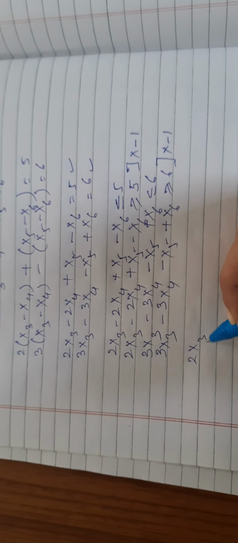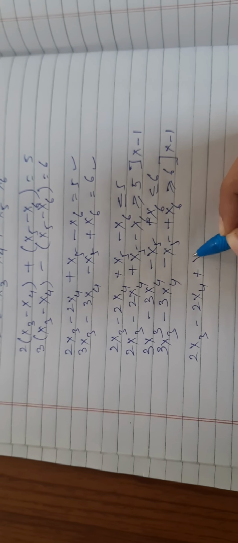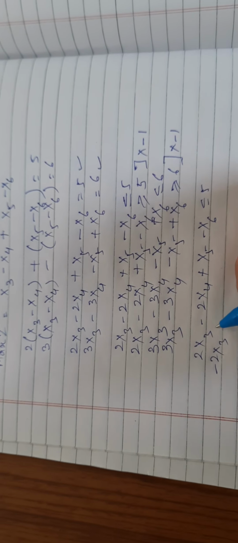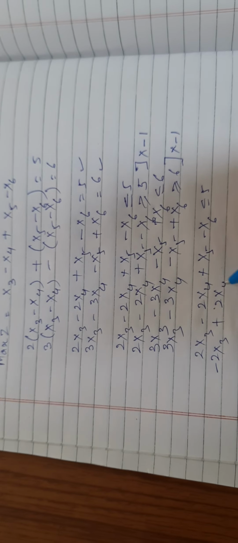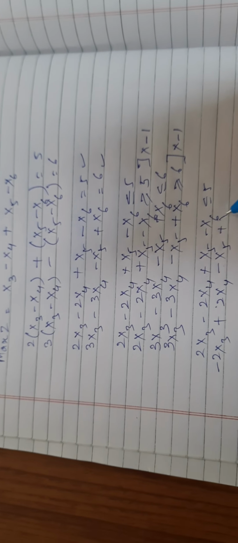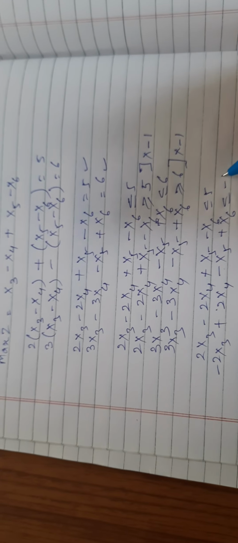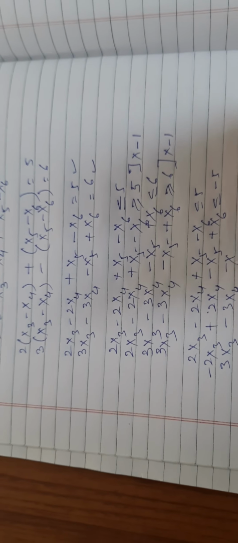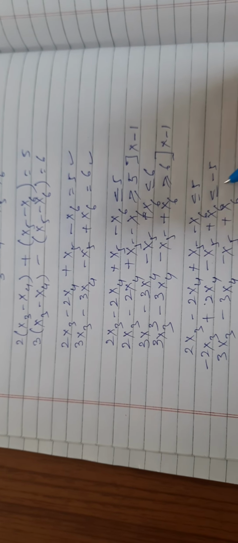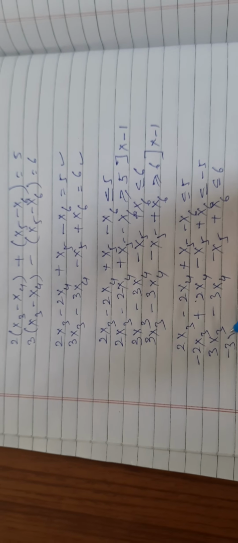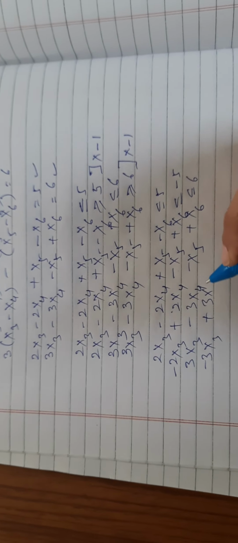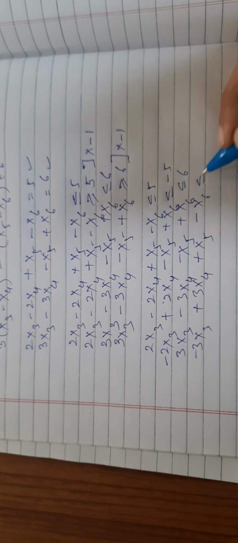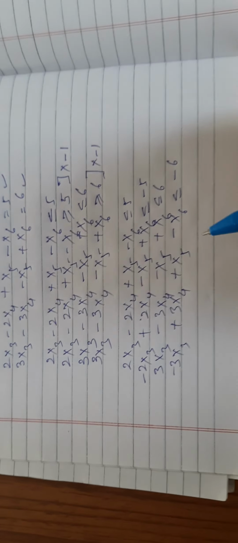So this is 2x3 minus 2x4 plus x5 minus x6 less than equal to 5, and minus 2x3 plus 2x4 minus x5 plus x6, because I'm multiplying the entire equation, less than equal to minus 5. Similarly for the next equation, now I want all of them in one format, that is the less than format. So all these are in less than format.